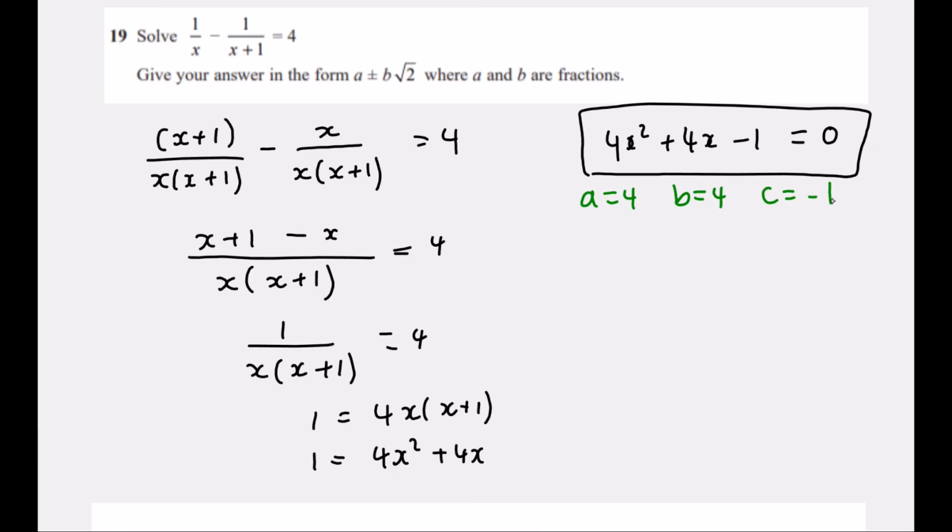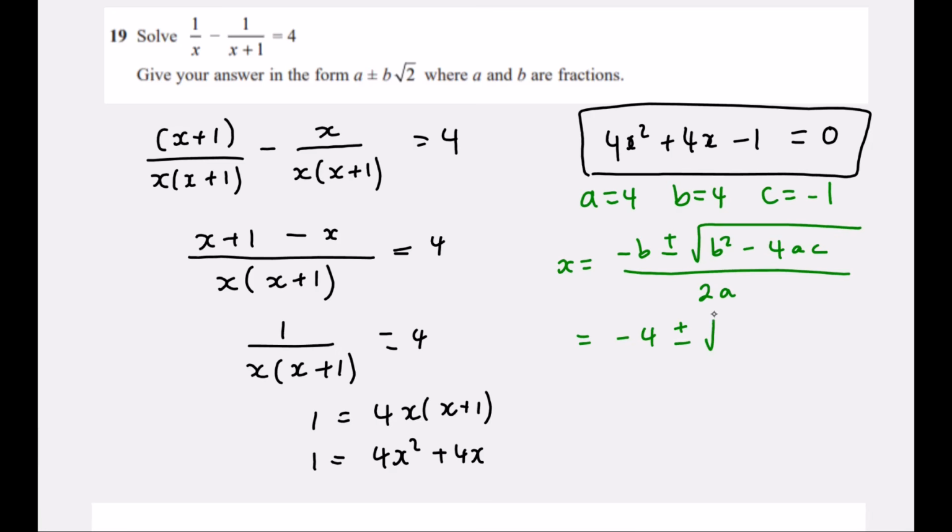And the quadratic formula tells us that x is equal to minus b plus or minus the square root of b squared minus 4ac all over 2a. So we've got minus 4 plus or minus the square root of 4 squared minus 4 times 4 times negative 1 all over 2 times 4.